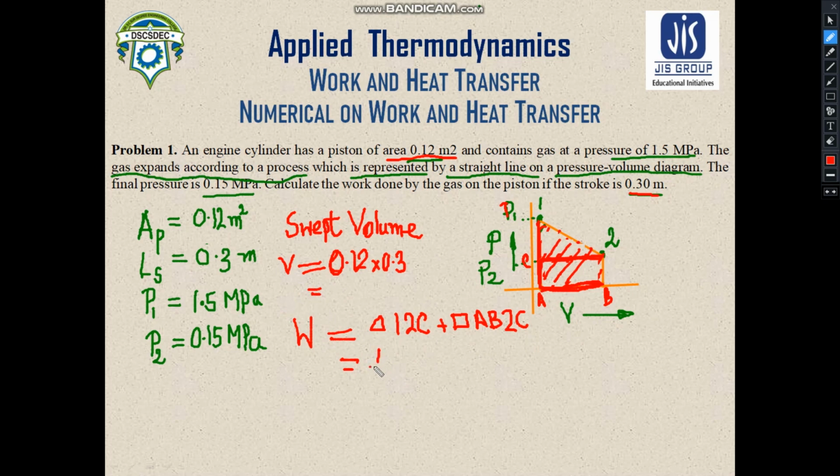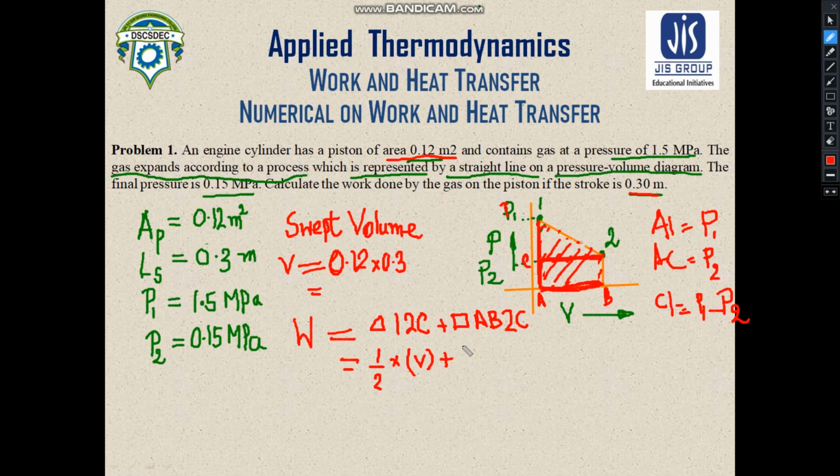This will be half into the base, which is V, and what will be the length of this C1? It will be A1 minus AC, and we know that A1 is equal to P1 and AC is equal to P2. So C1 becomes P1 minus P2.